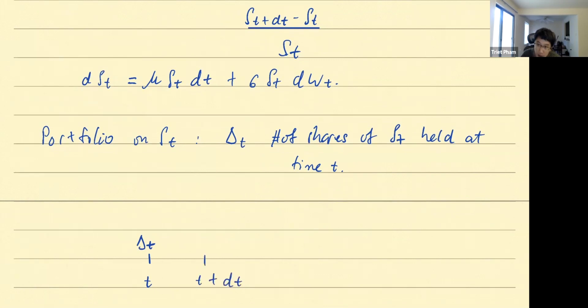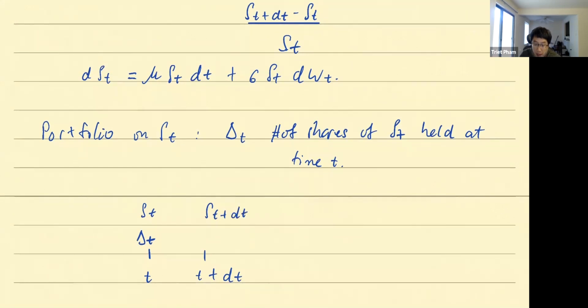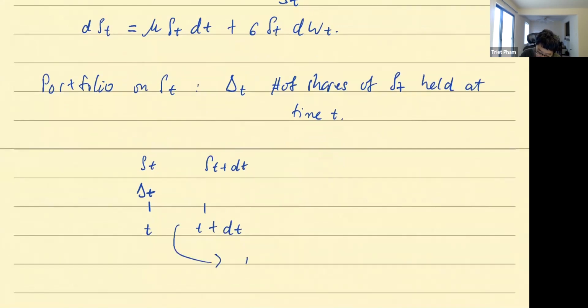At this time, the stock price has moved from t to t plus dt. The stock price has moved. So your net gain or loss in this investment period will be delta t times (S at t plus dt minus S at t).